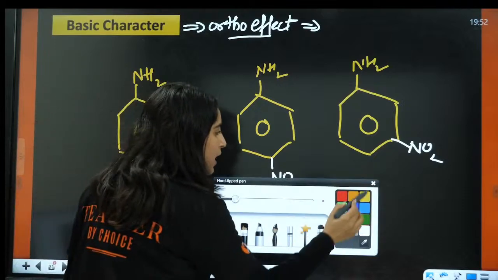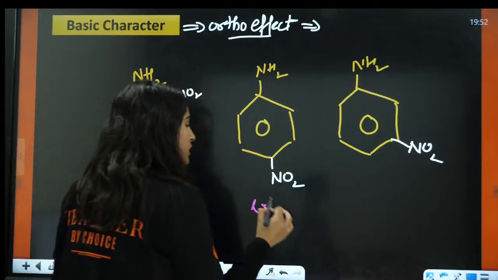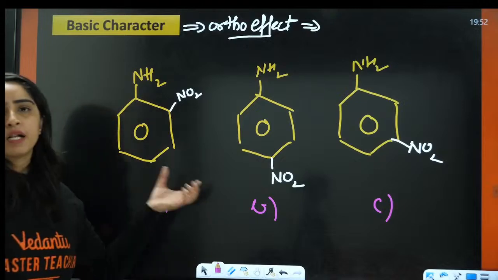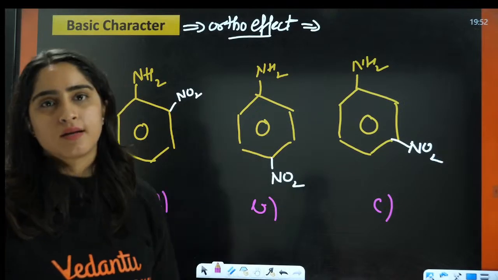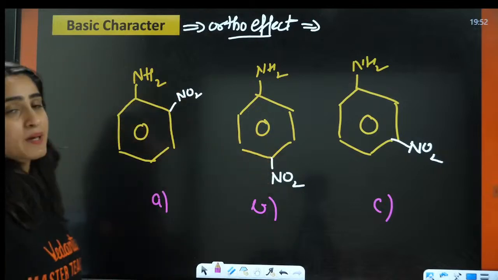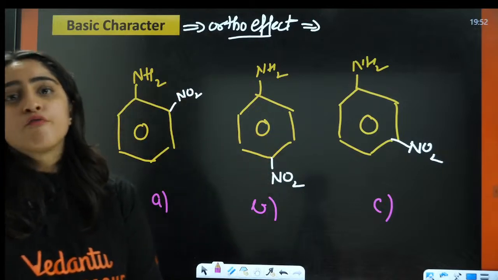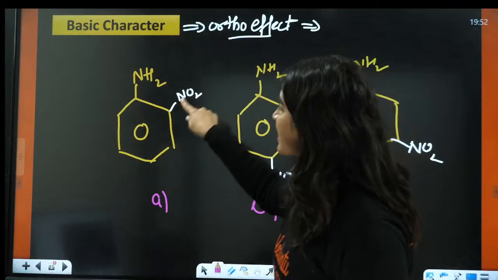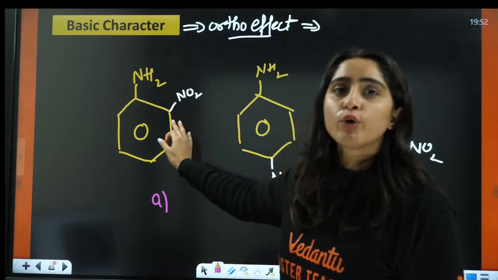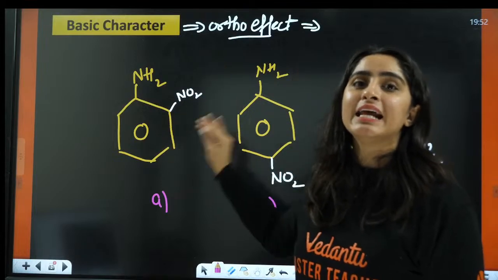Now, let us see one thing. This is A, this is B, this is C. A will be the least basic. What is the reason? For the ortho effect in case of bases, if a group is attached on the aniline at the ortho position, that makes it least basic.